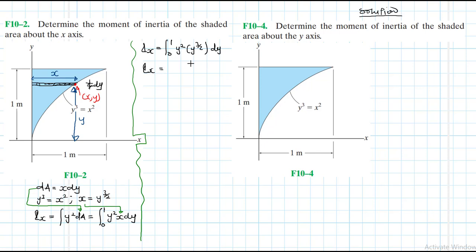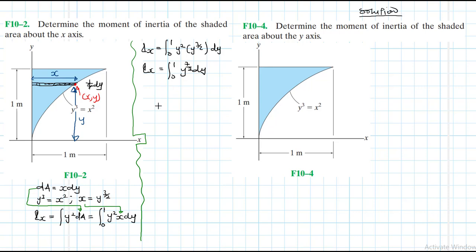Alright, evaluating, y to the power 2 times y to the power 3/2. So this becomes 4/2, then 4 plus 3, that becomes 7/2, right?